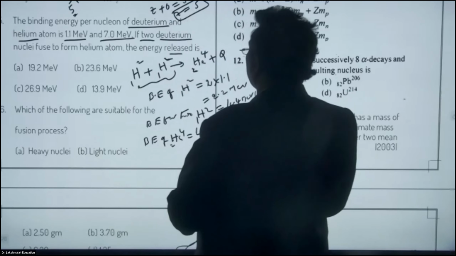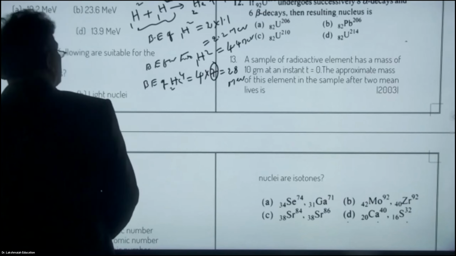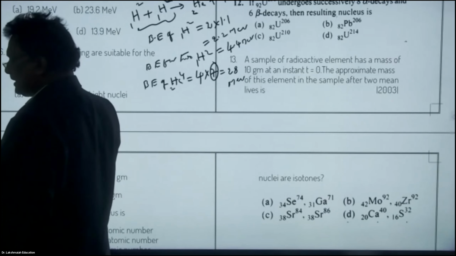Yes, that you can also do. Then energy released is 4 into 7 minus 2 into 1.1, that is 23.6 million electron volt. No problem, that also works. So this is 28.3 million electron volt.